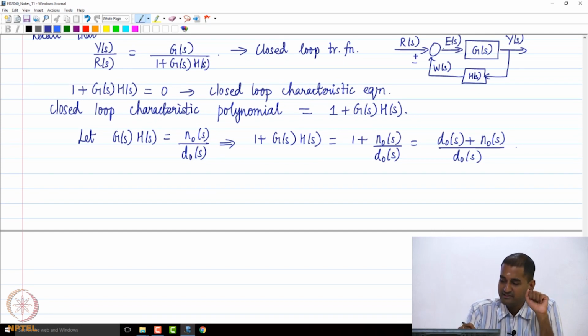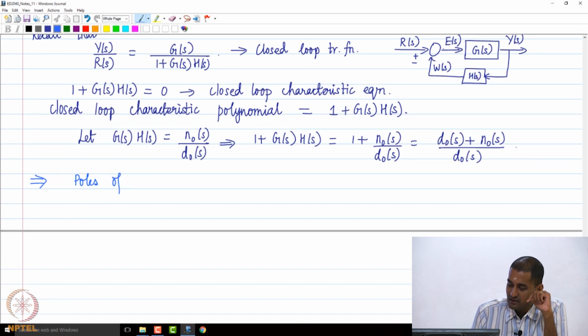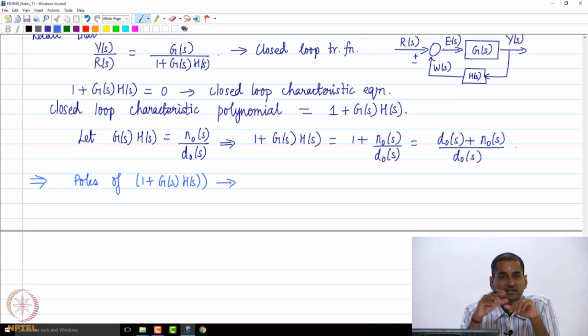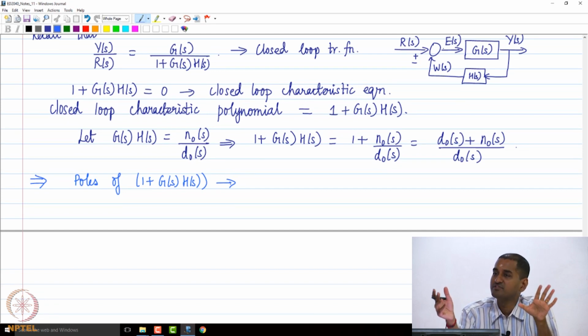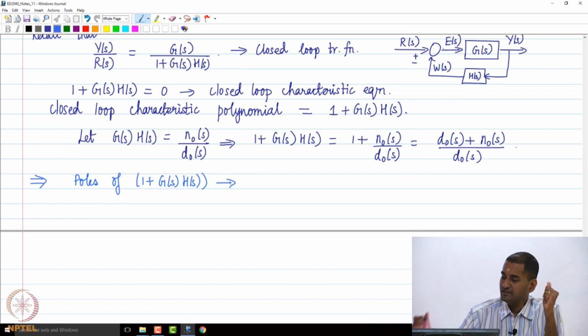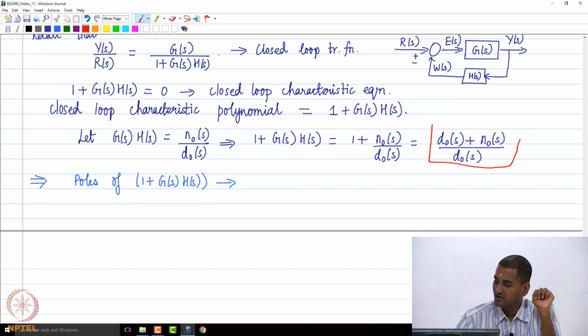So, you can immediately see the poles of 1 plus g of s h of s. What are they? If you consider the closed loop characteristic polynomial 1 plus g of s h of s, that is going to be a ratio of two polynomials in s, is it not? What is the denominator polynomial?